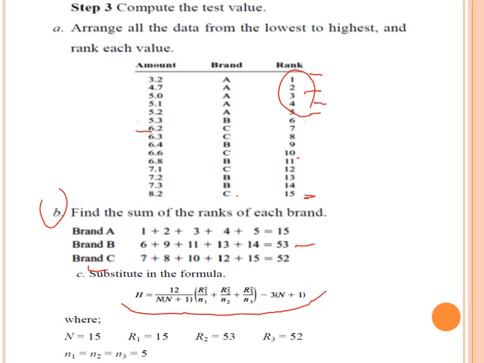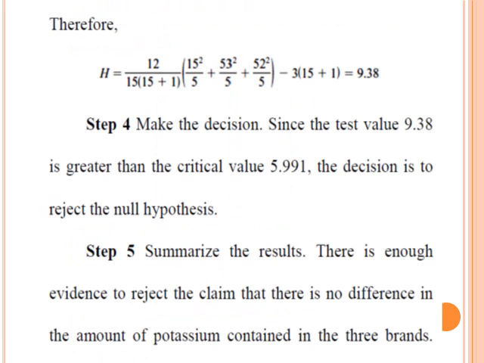So we have R1 equal to 15, so we will have R1 squared over N1, which is the sample size for the first brand, equal to 5. And R2 squared equals 53 squared over the sample size N2, which is equal to 5 also.